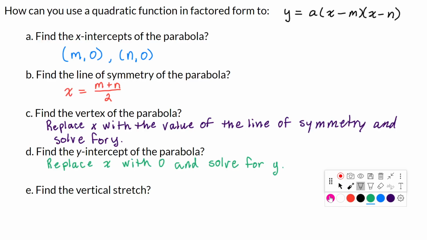To find the vertical stretch, you want to look for a. Here, a has been factored out, so we see that it has a stretch. Just like in our vertex form, we have a there, so it factors out.